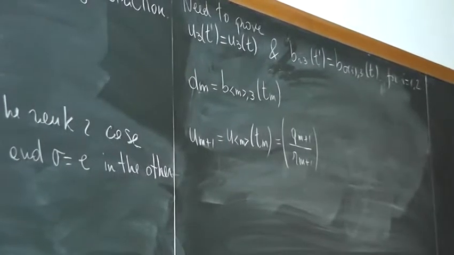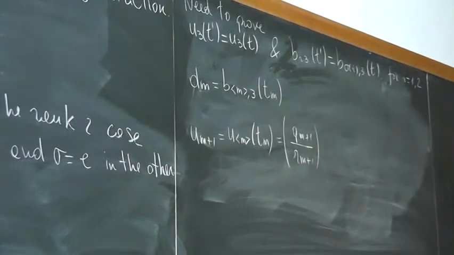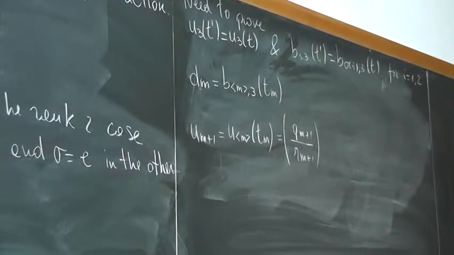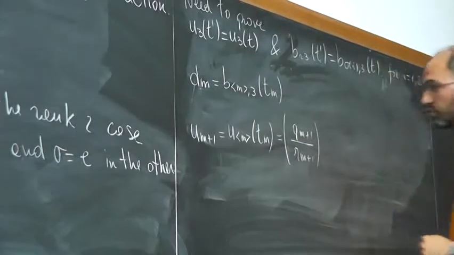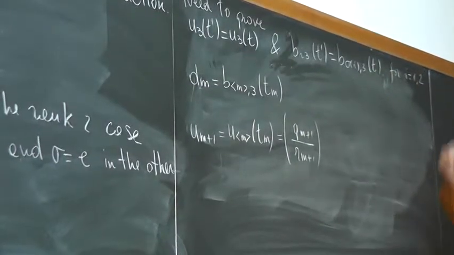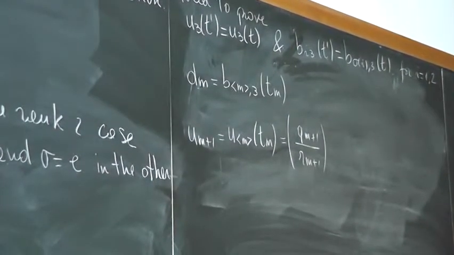And this is the same. So u m plus 1 is the quotient of the two coefficients appearing in the two monomials on the edge after u m plus 1, in that order. Okay.